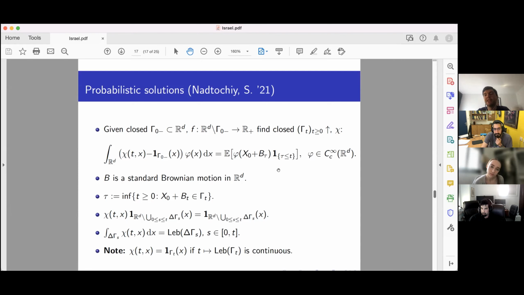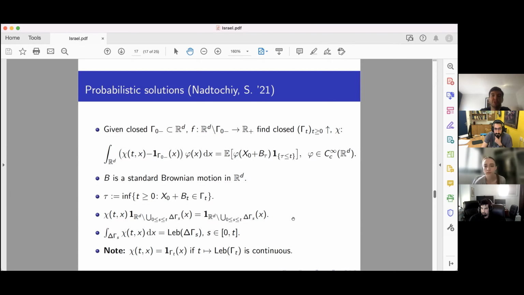And the right-hand side, again, if I set phi equal to 1, would give me exactly as before a CDF, right? So it would tell me that the probability of hitting the ice block by Brownian motion has to be equal to the volume by which the ice block will have grown between time 0 and time t. Okay, so ignoring the phi for a second, your problem would go as follows.